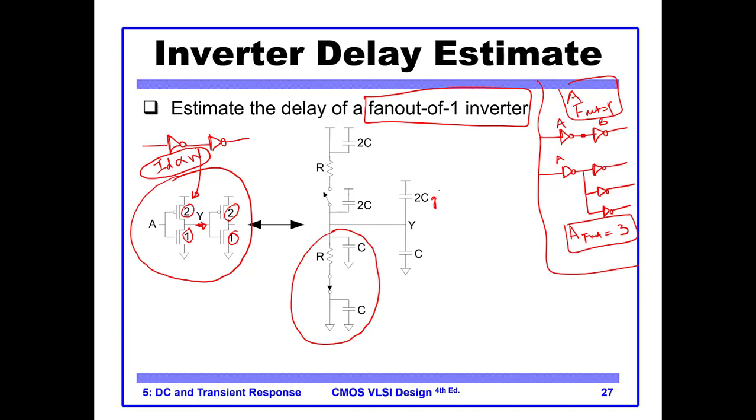So this is basically the gate capacitance of PMOS, and this is the gate capacitance of NMOS. So we are seeing this. And this is our PMOS model, and this is our NMOS RC model.